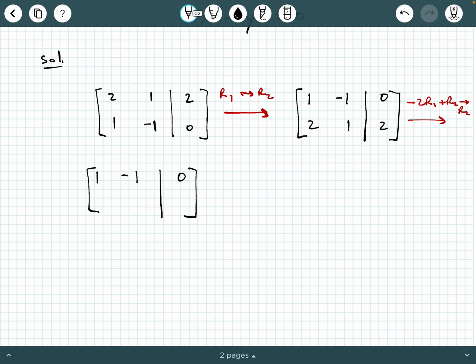So what happens? -2 times row 1 plus row 2. That becomes -2 plus 2, and so you get 0 here. Next, -2 times -1 is +2 plus 1 is +3. What do we do next? -2 times 0 is 0, plus 2 is 2.